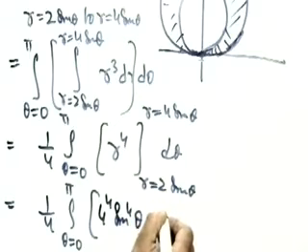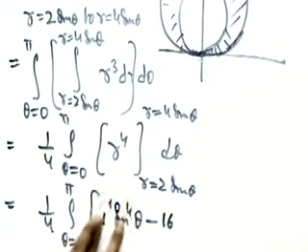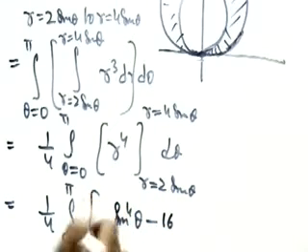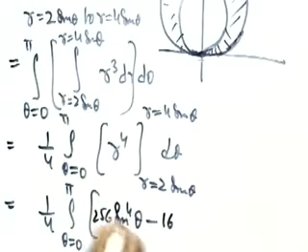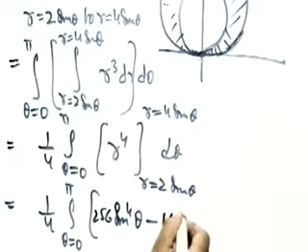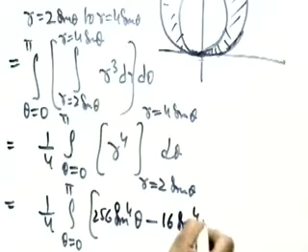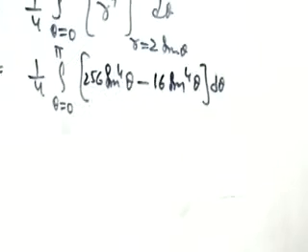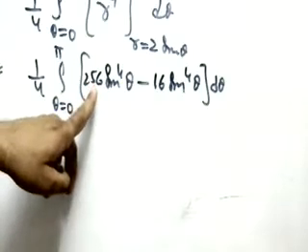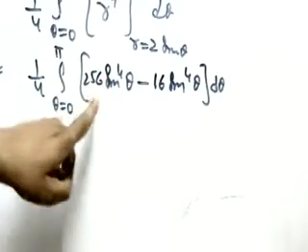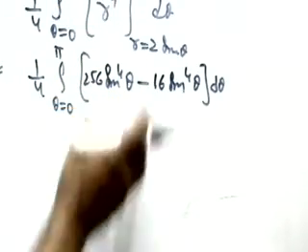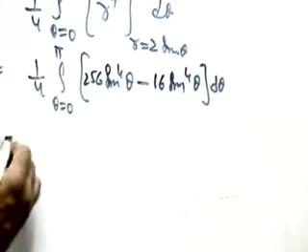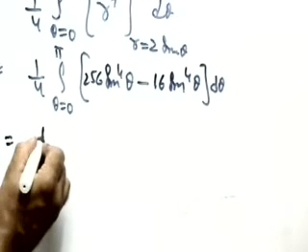Upper limit minus the lower limit: 2 to the power 4 is 16, and 4 to the power 4, what will happen? 4 fours are 16, 16 16s are 256, into what is left here, sine to the power 4 theta, whole d theta. Once more, you see what we did: 4 to the power 4 is 256 sine to the power 4 theta, and 2 to the power 4 is 16 sine to the power 4 theta. Let me take 16 common outside.